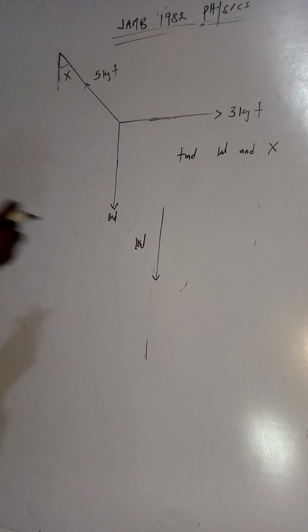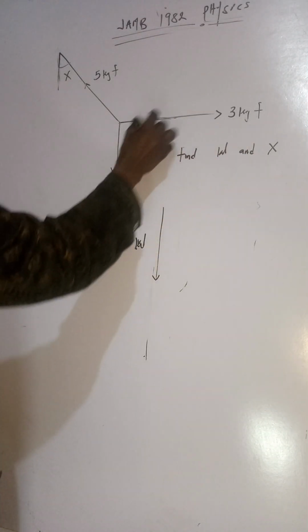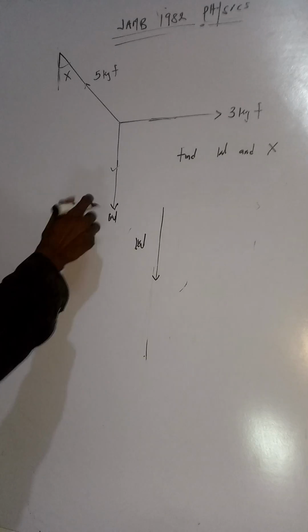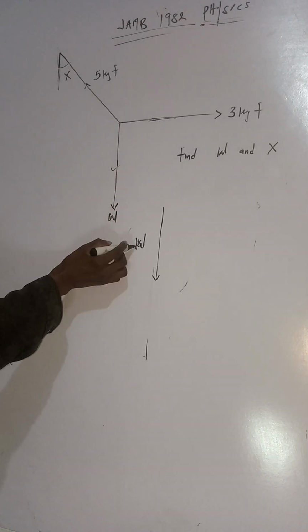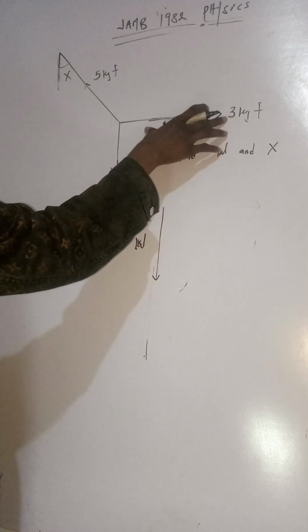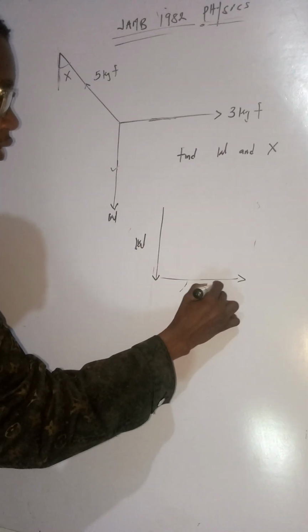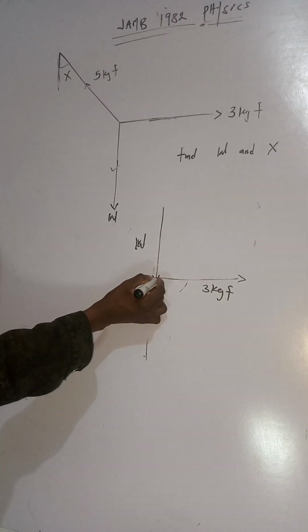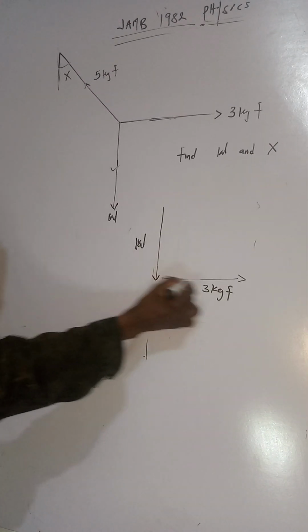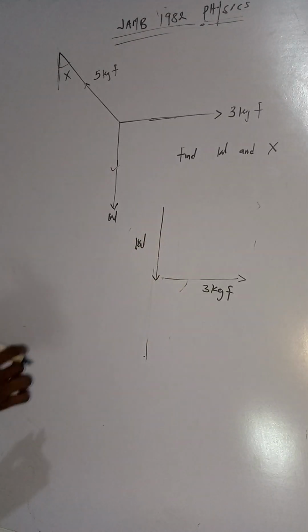We are done with this one. This is the second one. Let's bring this one in such a way that the tail of this one will be touching the head of this one, the same thing. This is the 3 N. You can see that the tail of this one is touching the head of this other one. See how it makes a lot of sense.